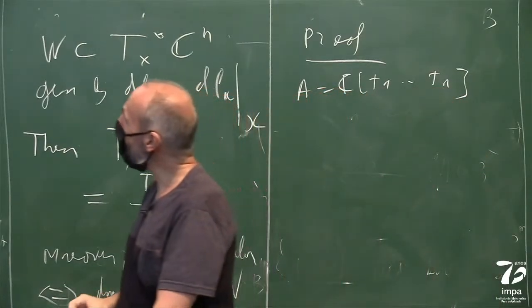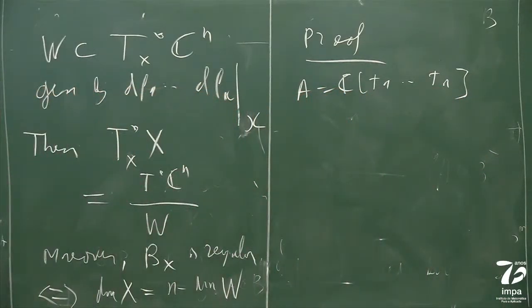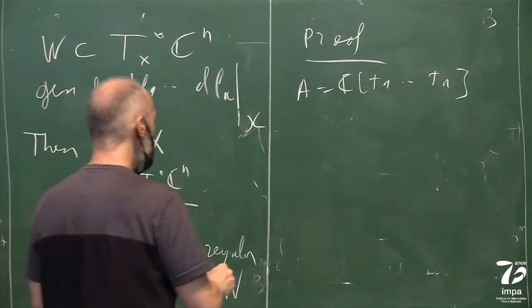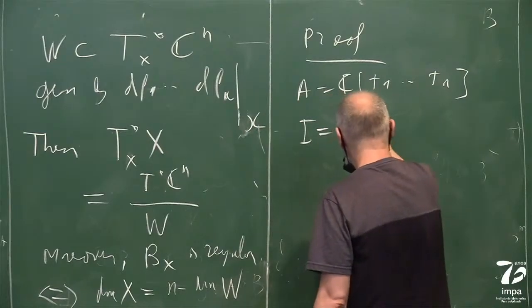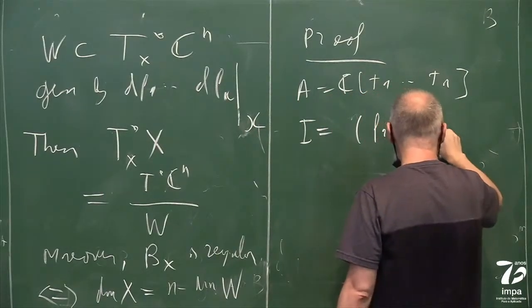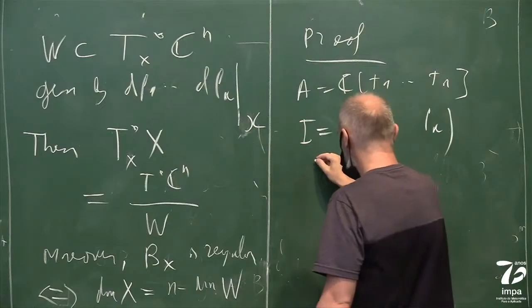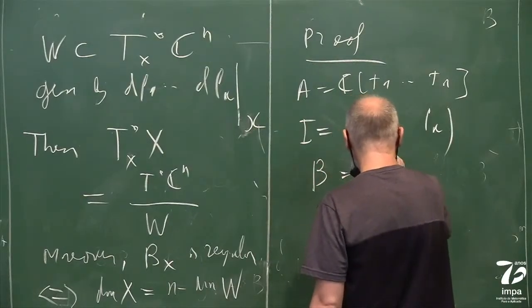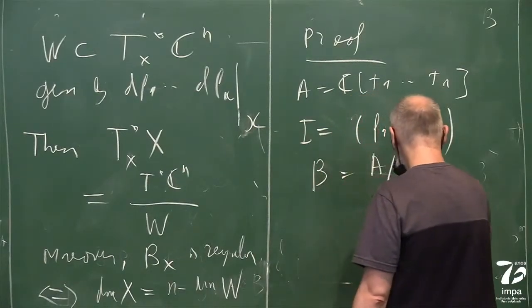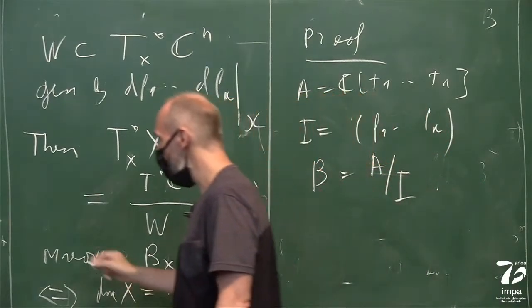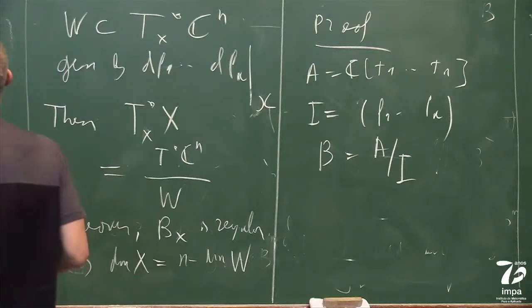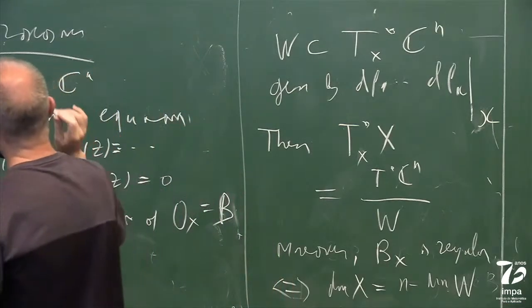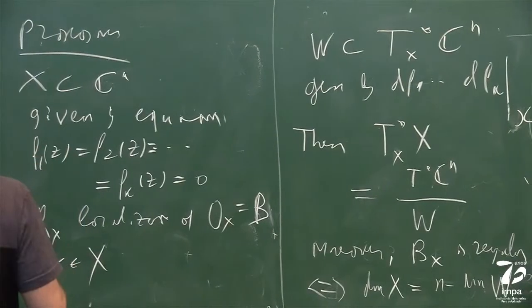And now you have an ideal I generated by F1, ..., Fk, and B is equal to A quotient by I. So B is OX. I just keep this notation to compare it with what we had before.